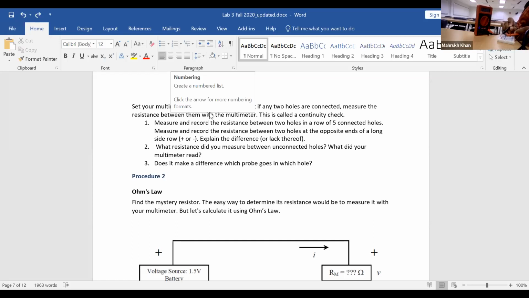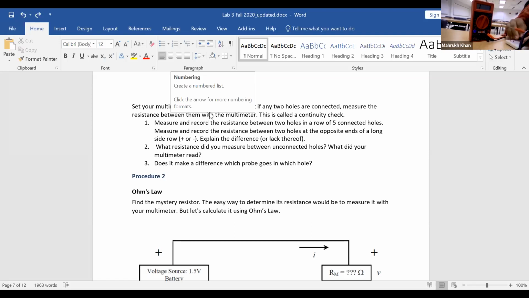So it's changing, which shows that it's connected. Okay. Like that. Okay. You can see that it's changing.